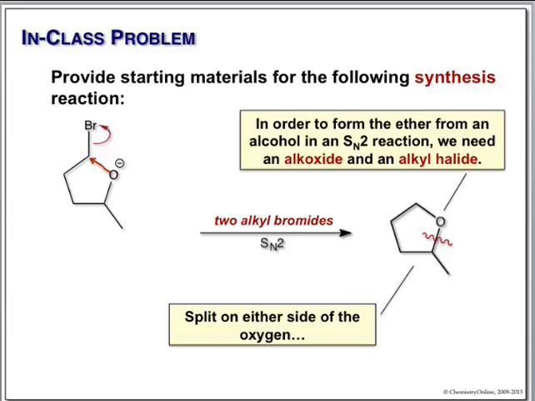And this center here, the secondary center, is where the leaving group was attached. So the reactant would look something like this. This attacks. Well, these two are reversed, aren't they? Oh, well. Any questions?